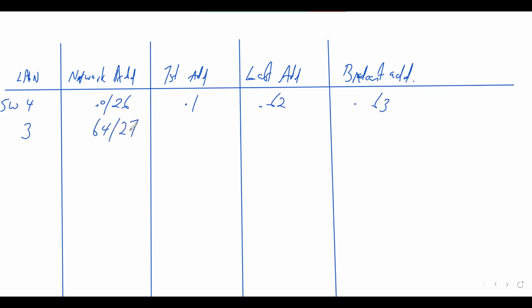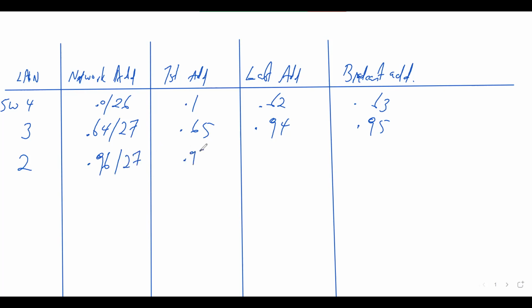64 slash 27, .65 here, .94, .95 here. To the second one, .96 slash 27.